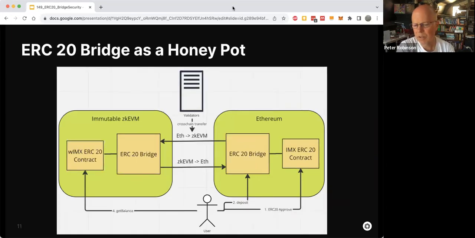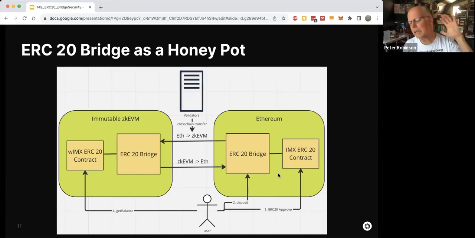When you think about how these bridges work, say you've got some ERC20 contract on the right-hand side on Ethereum, say this is the IMX1, and then you've got a bridge contract, and another bridge contract on the ZK EVM, and then a wrapped version of that ERC20.